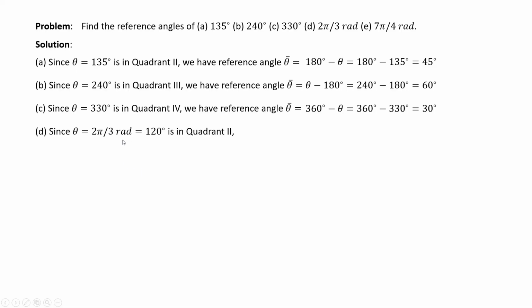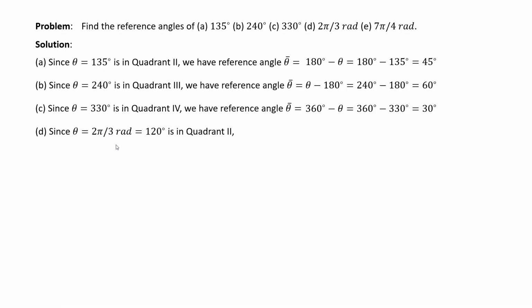Pi's cancel. We end up with 180 over 3, which is 60. So pi thirds is 60. So what is 2 times pi thirds? 2 times 60, which is 120. What is 4 pi thirds? 4 times 60, 240. What is 5 pi thirds? 5 times 60, 300.